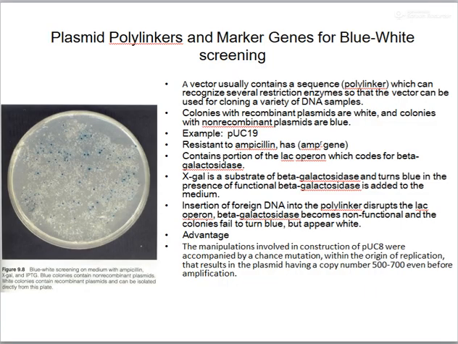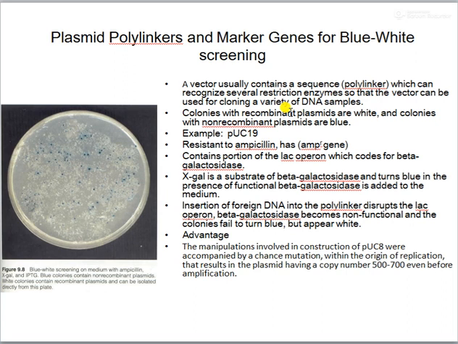Now, coming to pUC, as we look here, pUC is a vector which, just like pBR322, has a sequence called the polylinker, which can be recognized by several restriction enzymes so that the vector can be used for cloning a variety of DNA molecules.